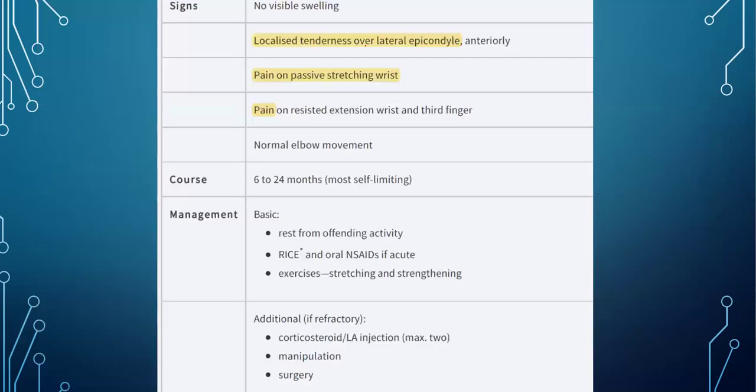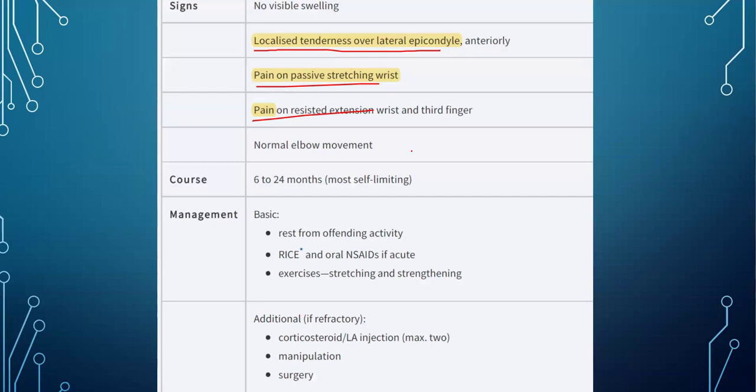And if you palpate over the lateral epicondyle, that will be tender. So localized tenderness can be found on the lateral epicondyle. And if you do a passive extension of the wrist, the patient will be in pain. Or if you do a resisted extension of the wrist, that means against your hand, that can also cause pain.